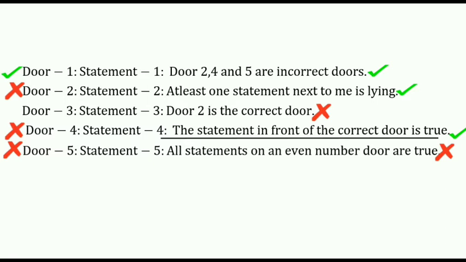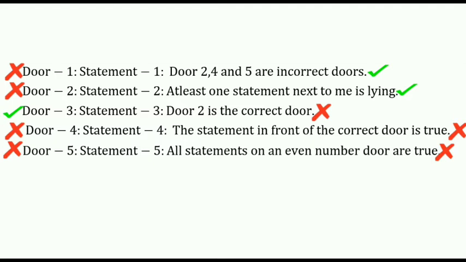So the one and only door remaining is door 3. Making door 3 the correct door is actually the correct choice, because door 3 is a correct door, but statement 3 is not correct. That makes statement 4 false. And everything obeys the information given in the question.